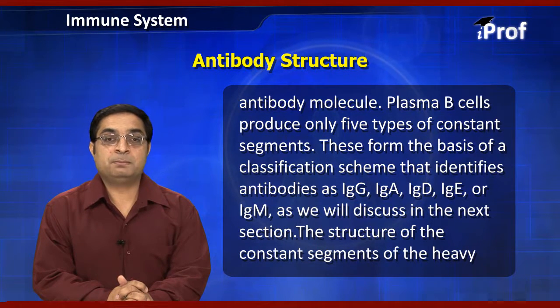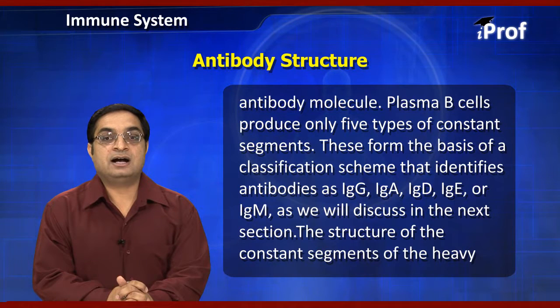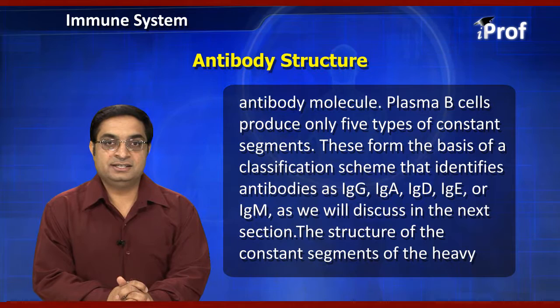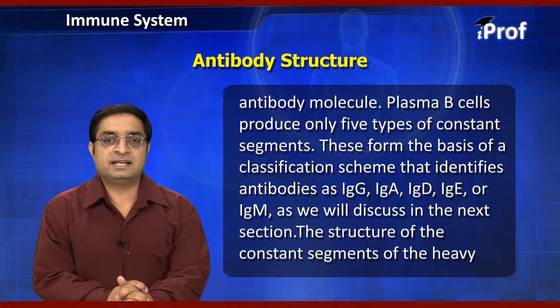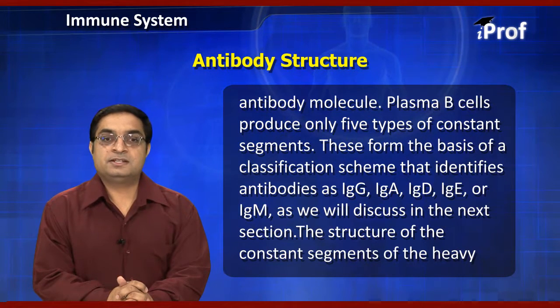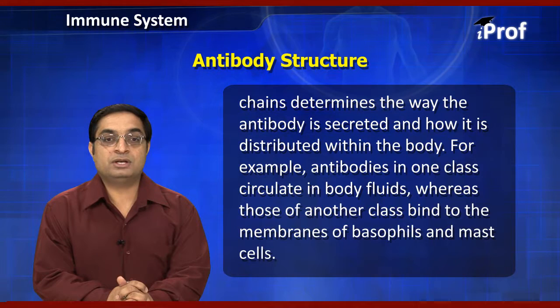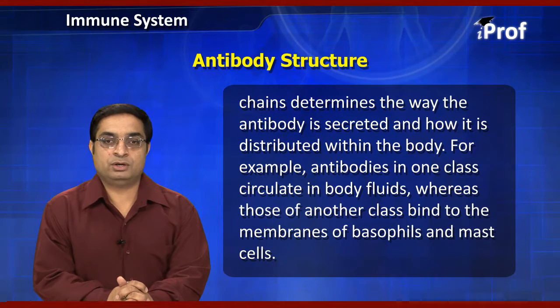These form the basis of the classification scheme that identifies antibodies as IgG, IgA, IgD, IgE or IgM, as we will discuss in the next section. The structure of the constant segments of the heavy chains determines the way the antibody is secreted and how it is distributed within the body.